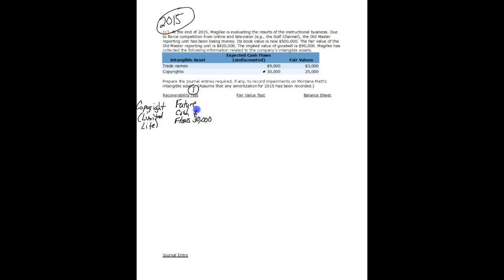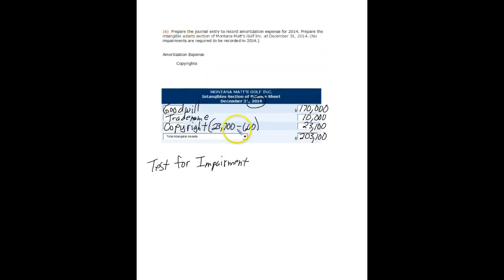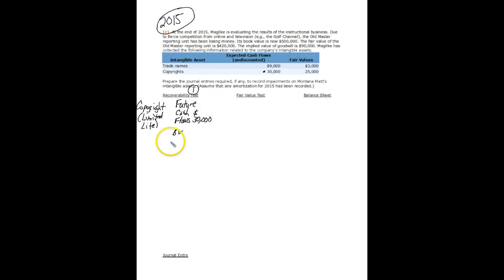So we just compare. We don't have to discount it back. Remember, it's a very kind of crude test. It's very, very lenient. And we compare that with the book value. So here we need to go back, look at our book value. At the end of last year it is $23,100, although another year has gone by.